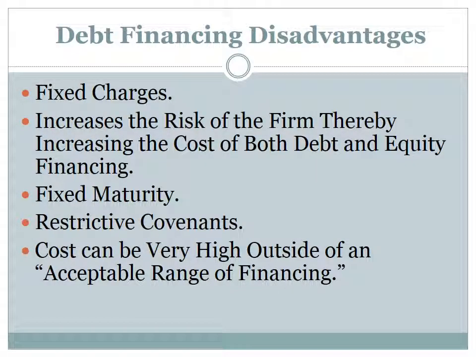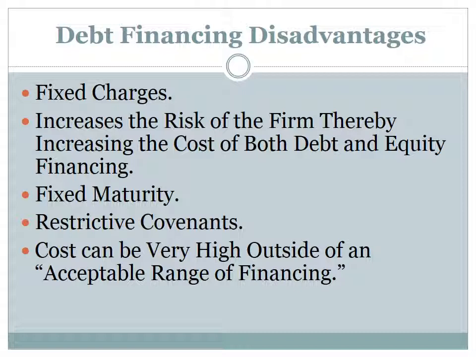Now, there are disadvantages to bond financing. The first one being fixed charges. And by fixed charges, we've got a couple. The big one is your interest payments. Your interest payments have to be met every 6 months or every year, again, depending on whether it's a semi-annual or an annual bond.